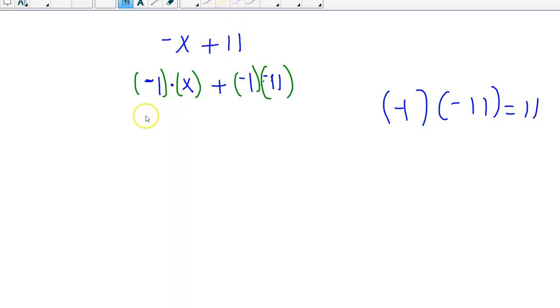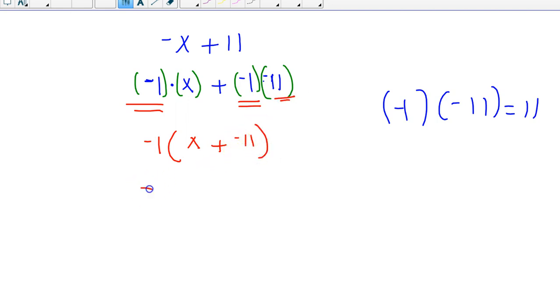Now, we are seeing that negative 1 is a common factor in those two. So take out negative 1, leaving behind, in this term, x, since negative 1 is taken out. And then plus negative 1 is gone, so you are left with negative 11.